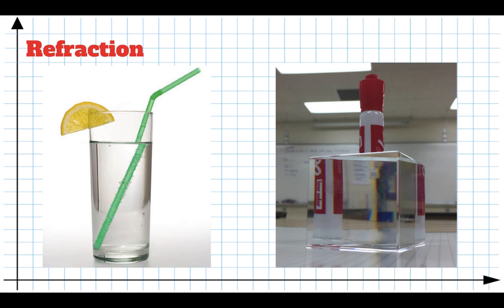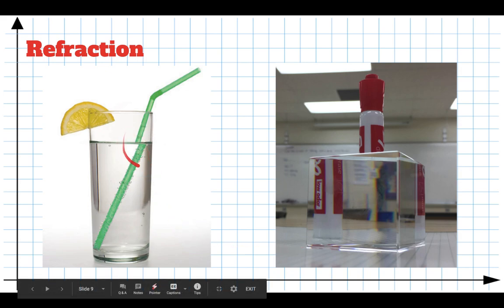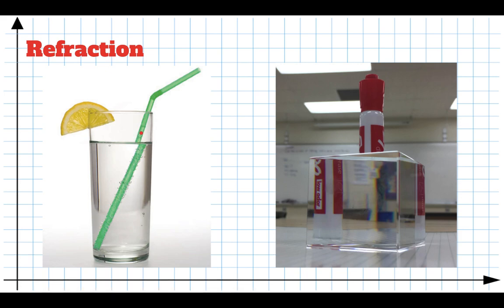And here are some illustrations. You may have had a straw in a glass of Sprite and noticed that it looks like the straw is bent right here. The straw is not bent there. That is just the light coming to your eye getting bent. It looks like the light here is coming from a different location than the light there, because here the light travels from water to glass to air, and here it just travels from glass to air. That's an example of the bending of light.